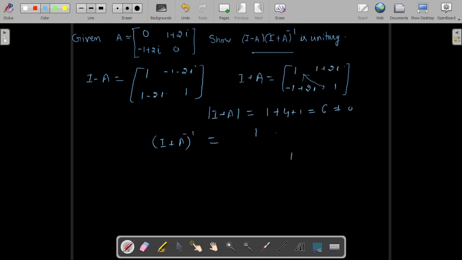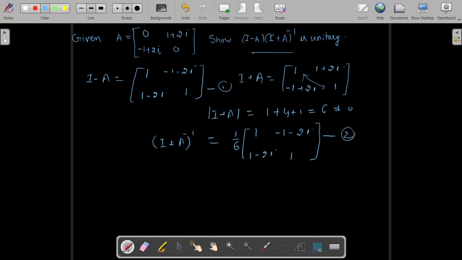So this becomes minus 1 minus 2 iota, and here I attach the negative sign, this becomes 1 minus 2 iota, and 1 upon determinant. What is the determinant? 6. So 1 upon 6 here. So this I have calculated. I can write this as number 1, and this is number 2.